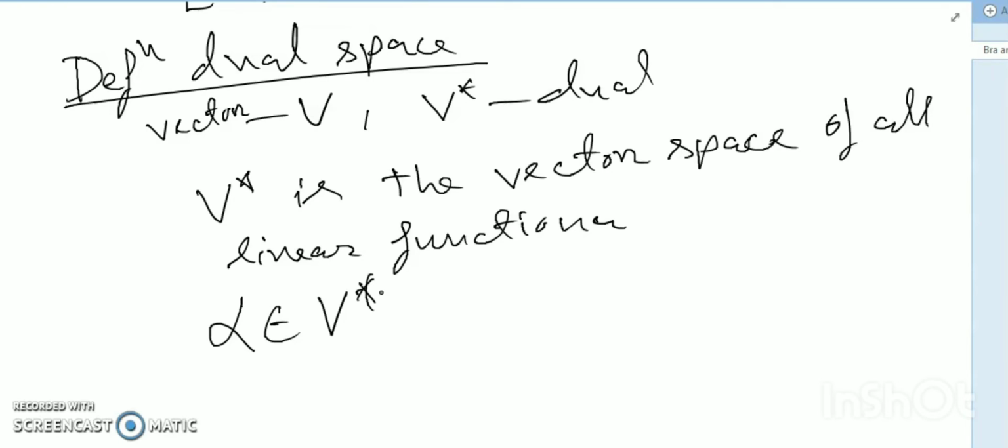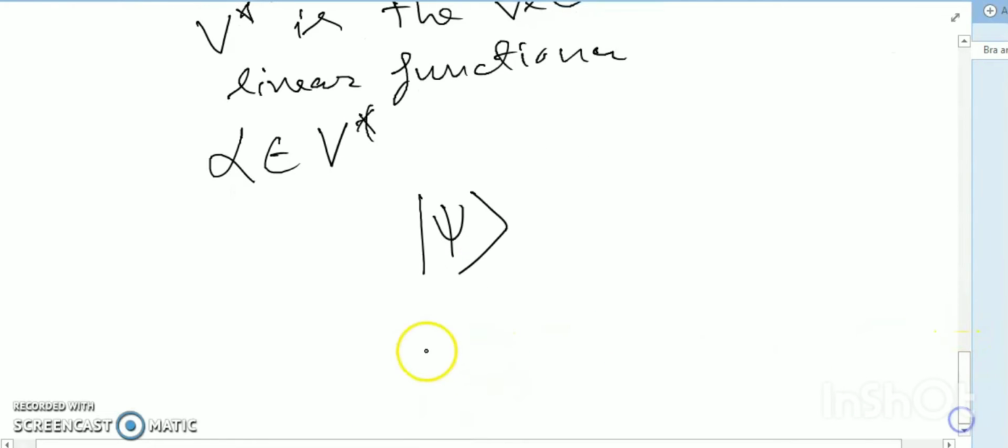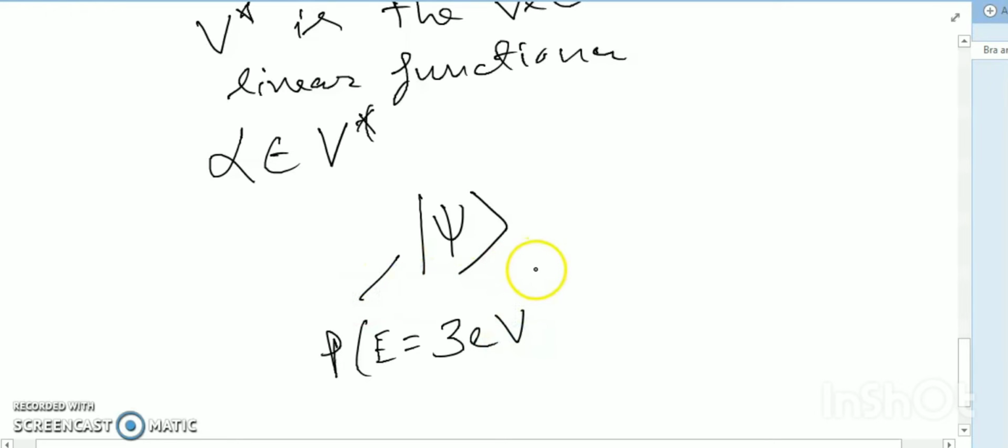For example, given our quantum state, we want the probability to get an energy of 3 electron volts, and we want the average position we expect in this state.